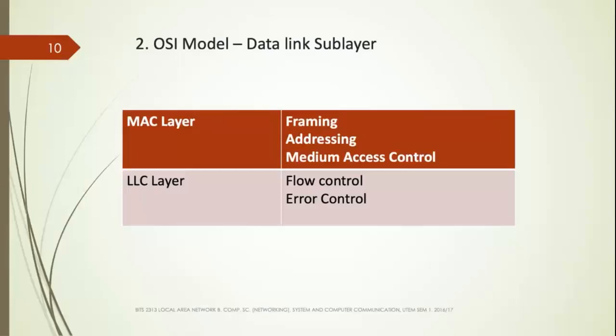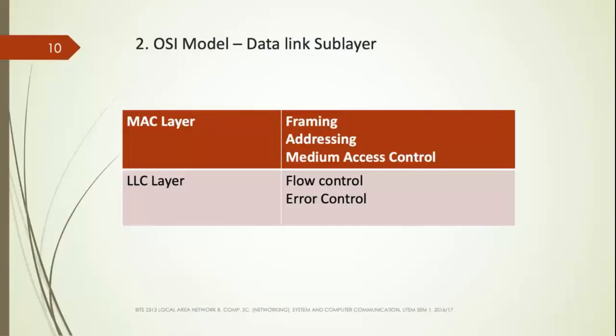Flow control means how fast the data is sent or received. The data link layer is responsible to control how fast the data is going out or coming in, like a water pipe.